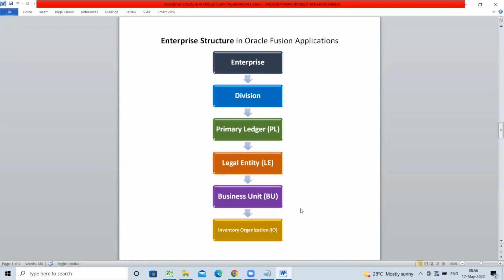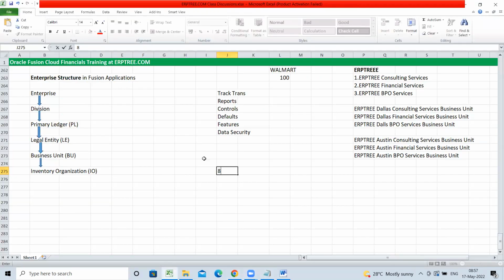Under divisions we can have primary ledgers, under primary ledgers legal entities, under legal entities business units, and under business units inventory organizations. Now we'll see, as per our enterprise structure, which applications can be mapped at what level and where reporting takes place. At the enterprise level you can have HCM applications.